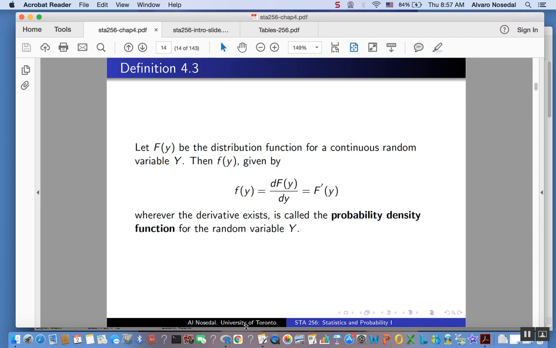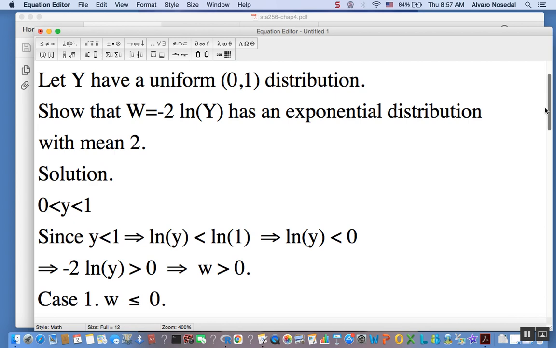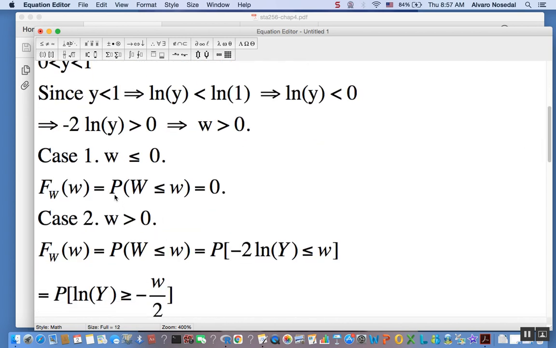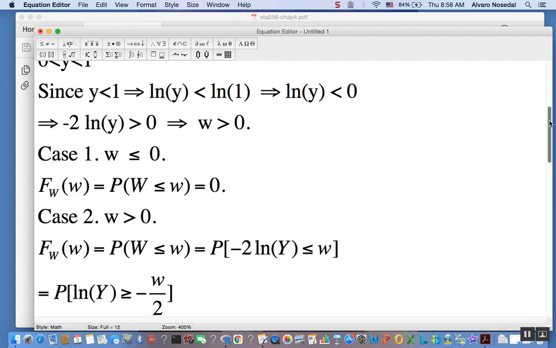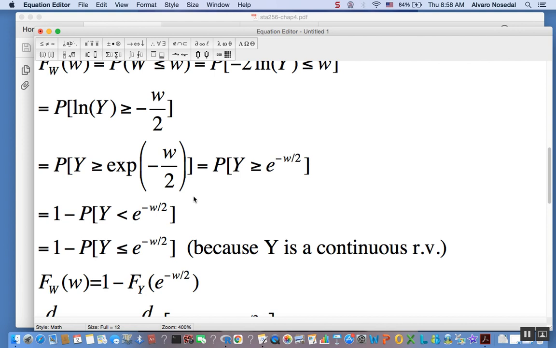And the other idea is, apply the definition of the CDF, meaning the probability that the random variable W, where W is your transformed random variable, is less than or equal to something, right? And then write that in terms of the original random variable Y. Find that in terms of the CDF of the original random variable Y. Find that CDF, take the derivative, and that's it.